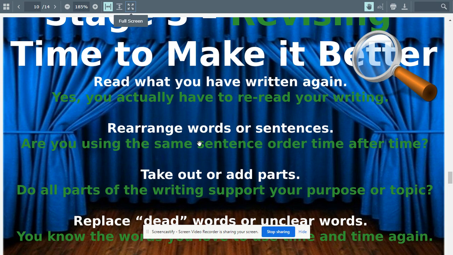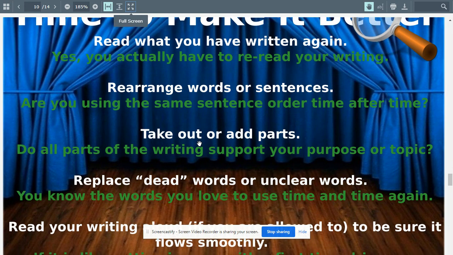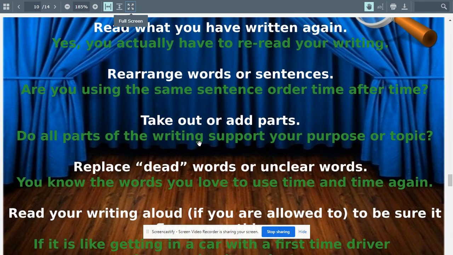All right, what can you ask to accomplish this goal? Are you using the same sentence order time after time? That means, are you writing in simple sentences all the time? Are you using the same words over and over? Is your sentence structure a little bit different? What else could we add to that?